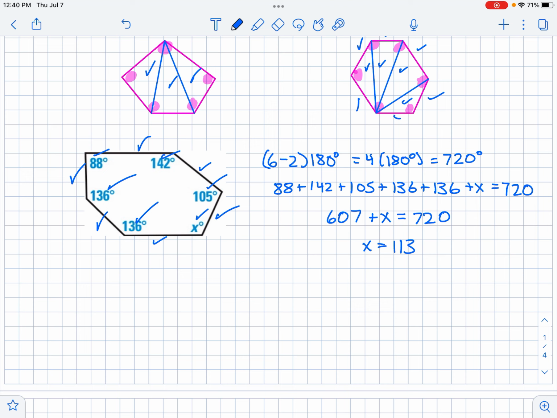Well, we would say 180 divided by 3, and we would get 60. That's for an equilateral triangle. Now, if we had a pentagon, we would calculate for a pentagon. Let's look at this. A regular pentagon.